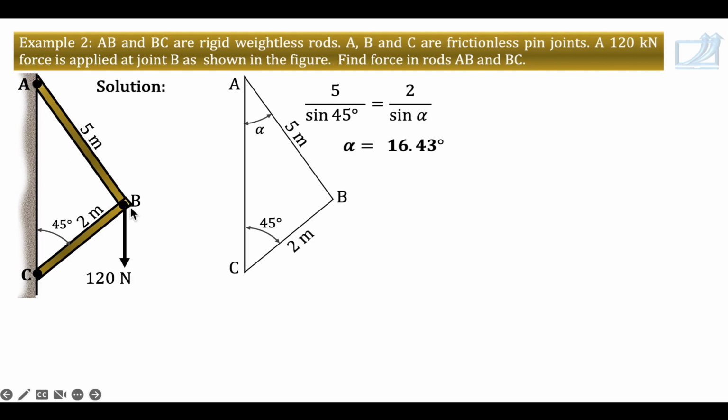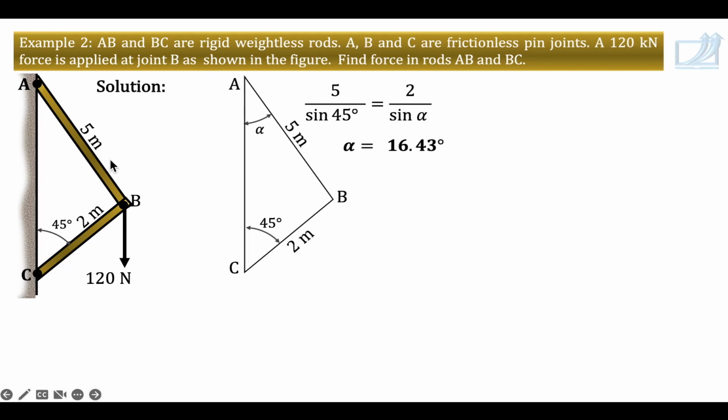So here rod AB is a two-force member. Rod BC is also a two-force member.